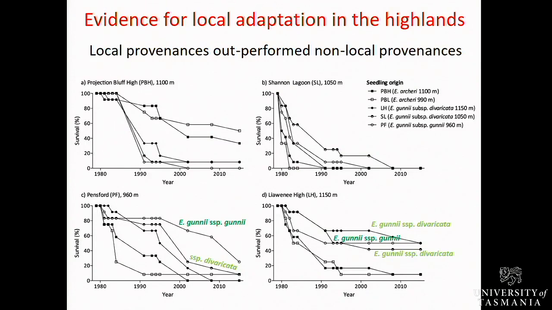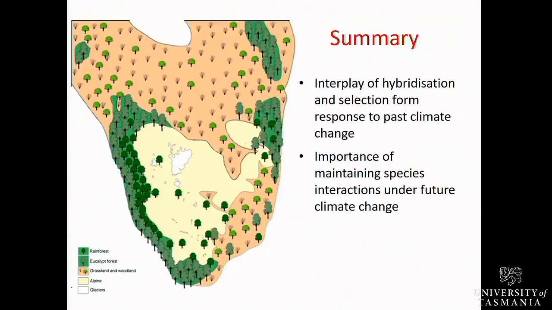And this might be an indication, we might be seeing the results of climate change here, because the temperature at Lyawini High is of course increasing, as it is everywhere, and it's heading towards the temperature that the Pensford provenance would have experienced in the past, and that it could be adapted to. So this could explain why these provenances are doing about the same, even though this is a low altitude provenance now growing at a higher altitude site.